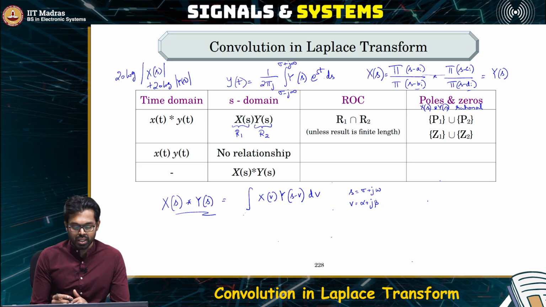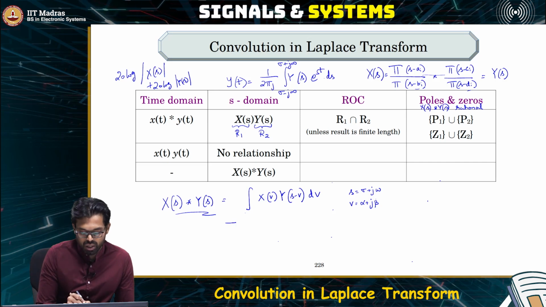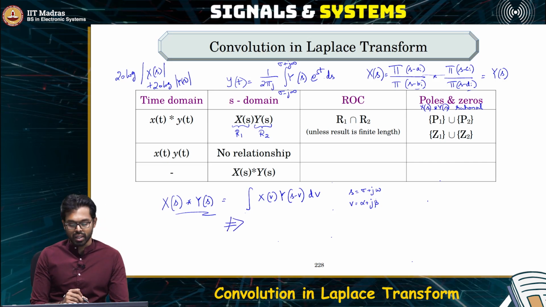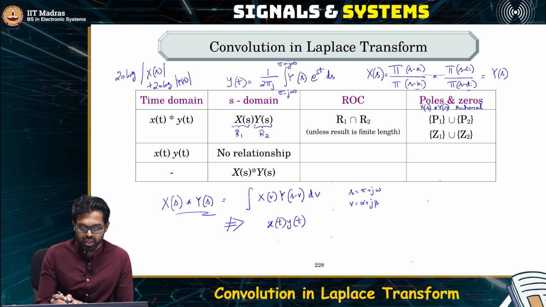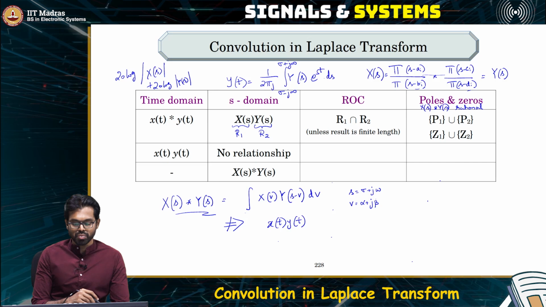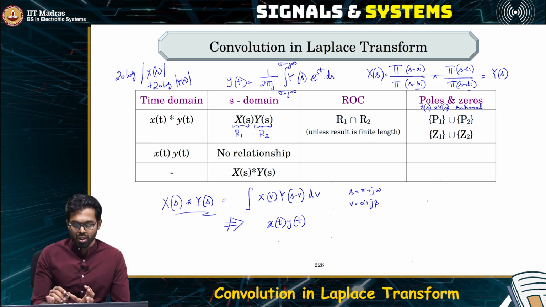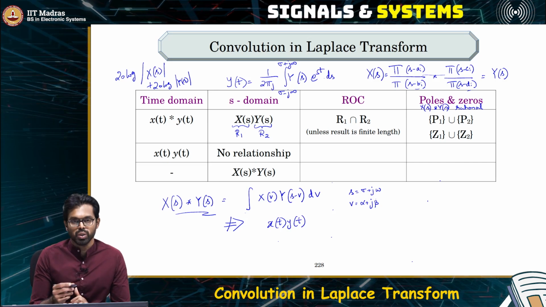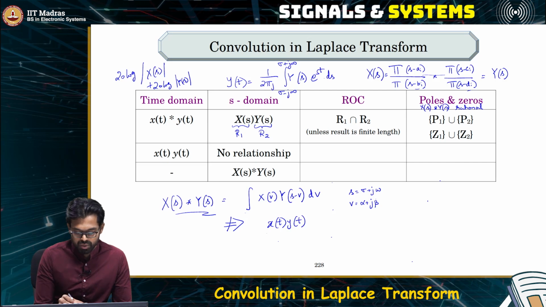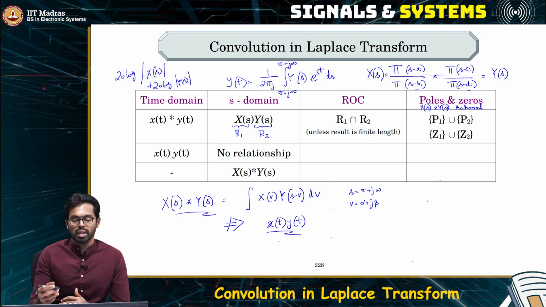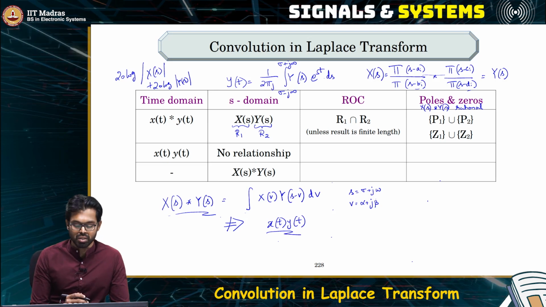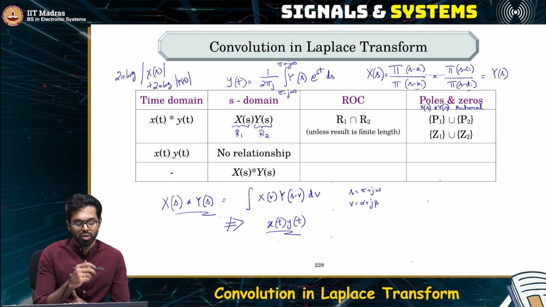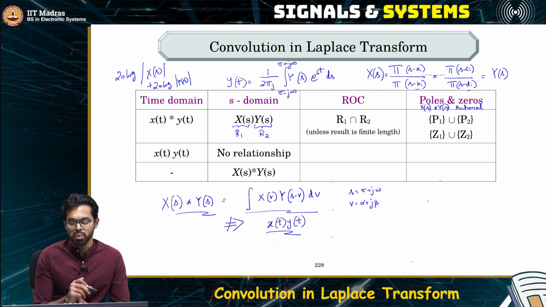So for this reason, this does not result in the product in the time domain when you compute the inverse Laplace transform. So whenever you encounter a product of two signals in the time domain, you cannot convolve them in the Laplace domain and say that that is the corresponding Laplace transformation, simply because the convolution, the Laplace transformation itself, is a two-dimensional integral.